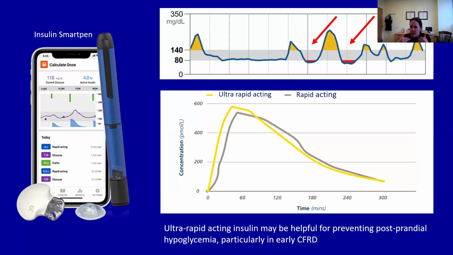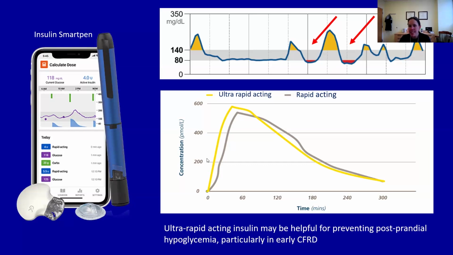And again, this is partly due to a delay. People have some degree of endogenous insulin production, and there's a delay in first phase insulin secretion, followed by a more exaggerated second phase insulin release that's predisposing them to this reactive hypoglycemia. And so ironically, I have actually started ultra rapid acting insulin to prevent hypoglycemia in people having reactive hypoglycemia by trying to prevent this hyperglycemia that's happening right here.